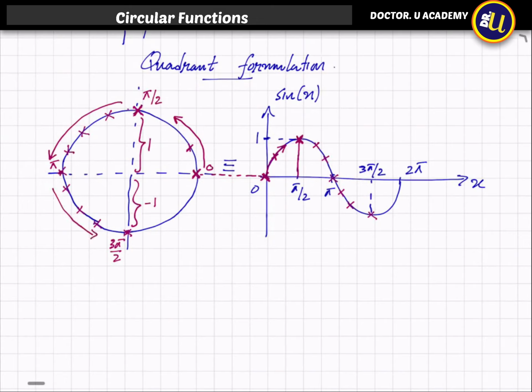You are going like you are going on a circle. Now when you go up to 2 pi, this person also goes back there. So here you understand 0 and 2 pi are coinciding with each other, right?